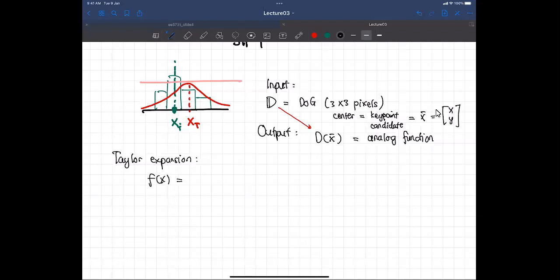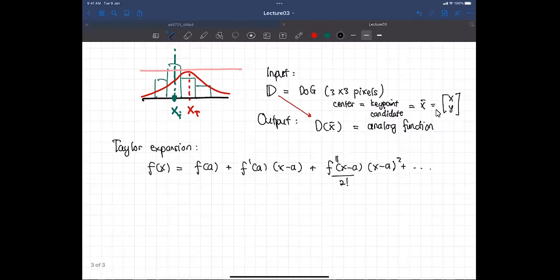And this equals f(a) plus f prime(a) times (x minus a), plus f double prime, which is the second derivative, times (x minus a) squared divided by 2 factorial, plus so on, which is a higher degree of expansion.